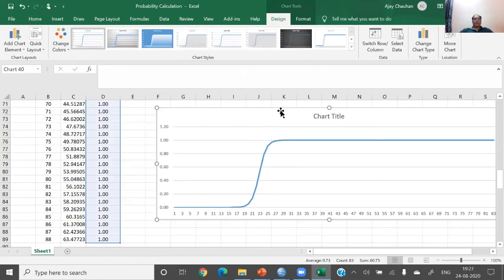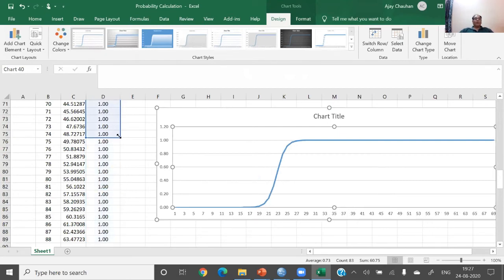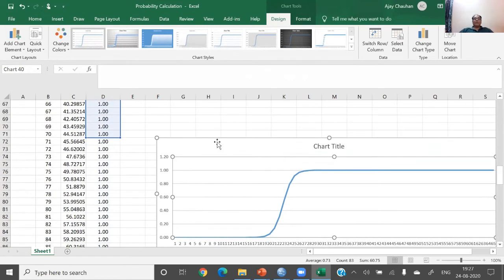And even if I take this value from here to here, let me try to reduce the value of 1 so that we can find out the sigmoid function.